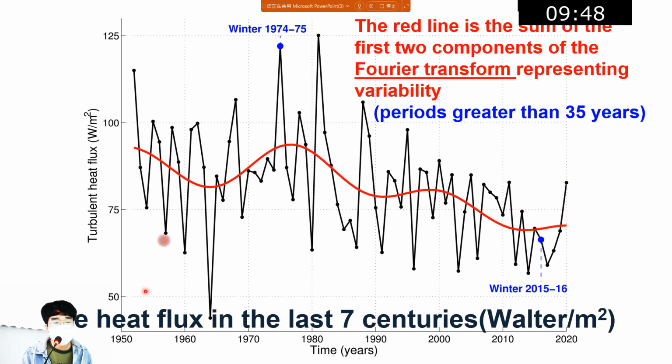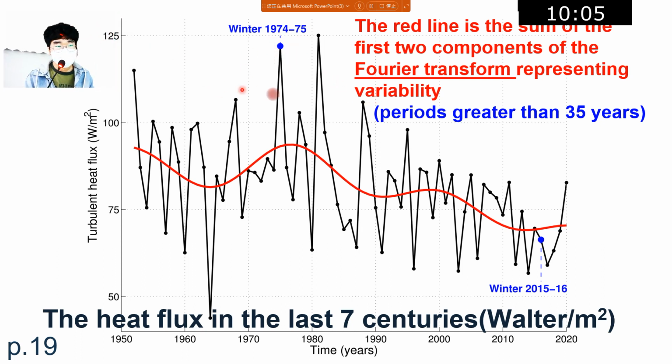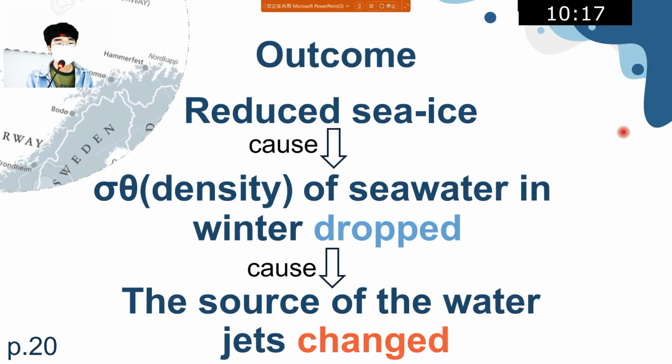So this is the heat flux in the last 70 centuries. And you can see in the winter from 1974 and 1975, the heat flux changed a lot here, but in 2015 and 16, it changed less. So we can see the periods are greater than 35 years.